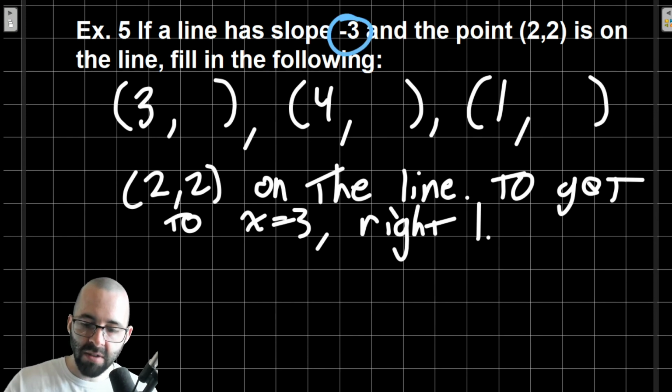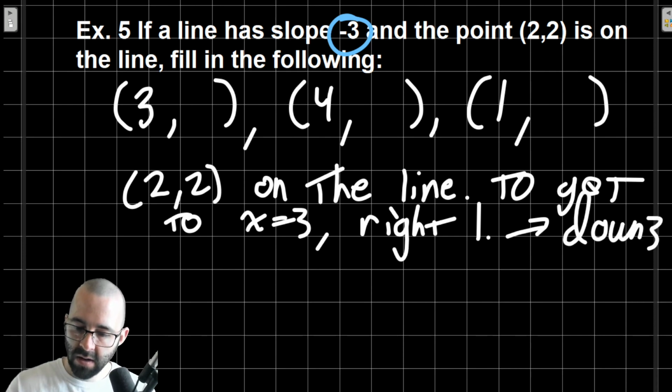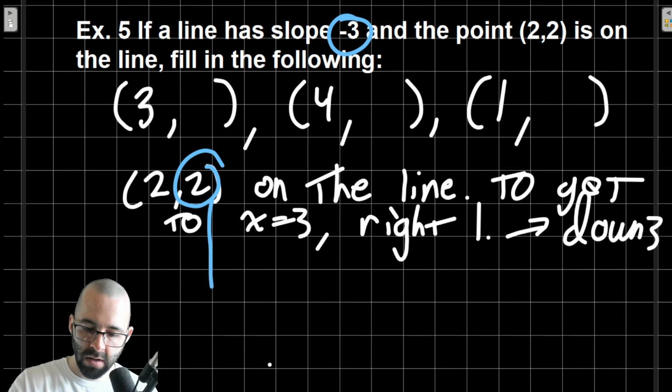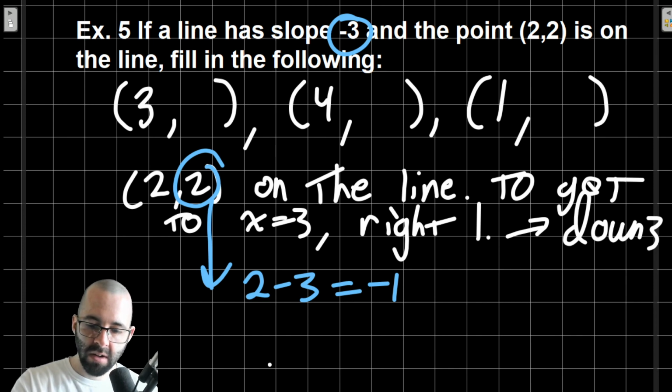The slope is -3, right? Right 1 means down 3. So what's down 3 from 2? Well, 2 minus 3 is equal to -1. So that's our answer for this first one.